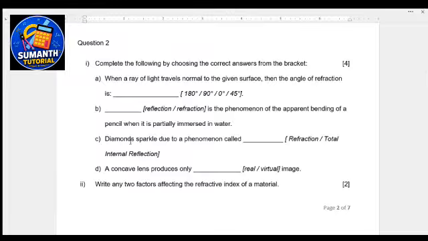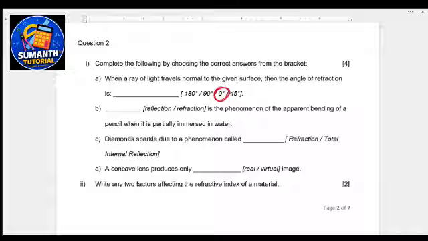First thing, when a ray of light travels normal to the given surface, then the angle of refraction is normal to the given surface. When the ray of light travels normal to the given surface, the angle of incidence is 0, as well as the angle of refraction is 0.